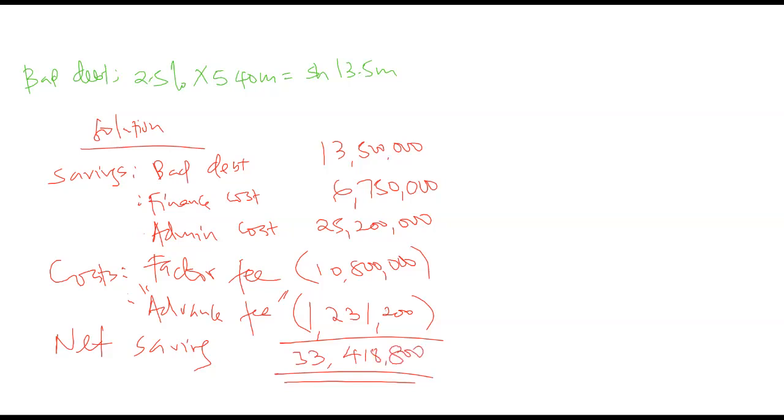Someone to confirm. Okay, it's true. The 3 million, 18,800 shillings is the annual net saving. And that's strategy B.